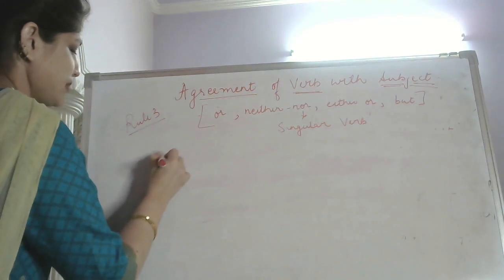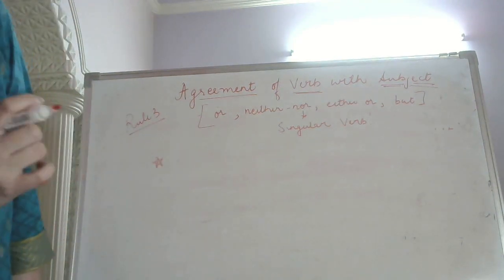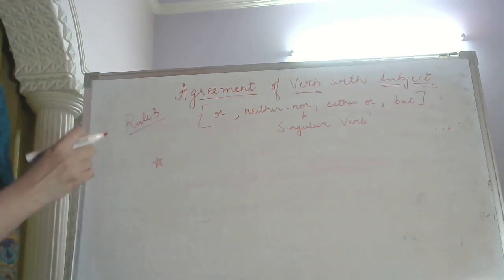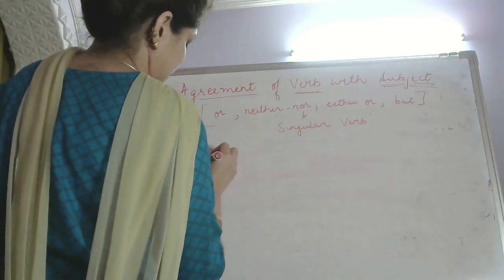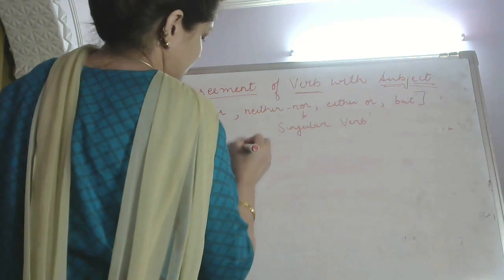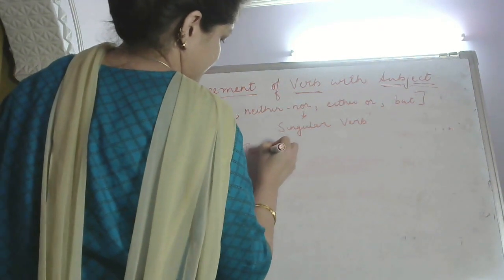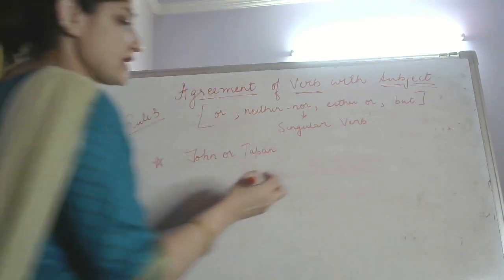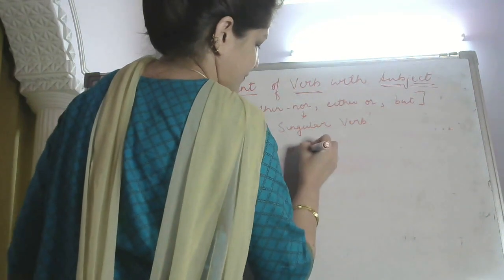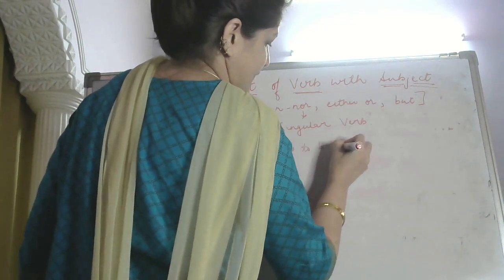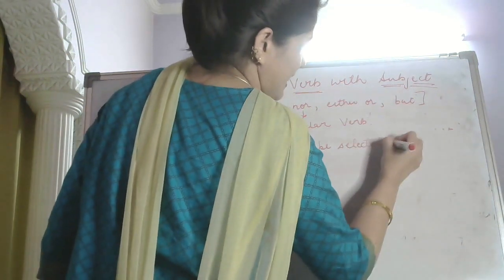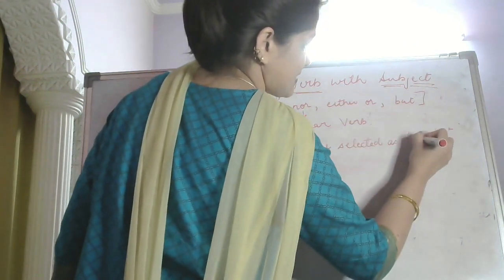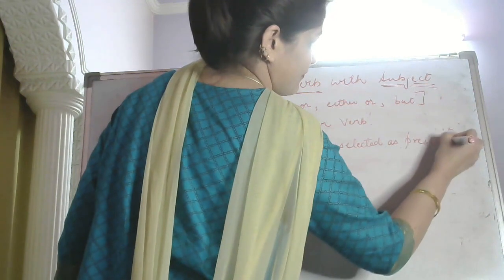For example, I take a sentence from your book. John or Tapan is to be selected as president. Now you can see this sentence.